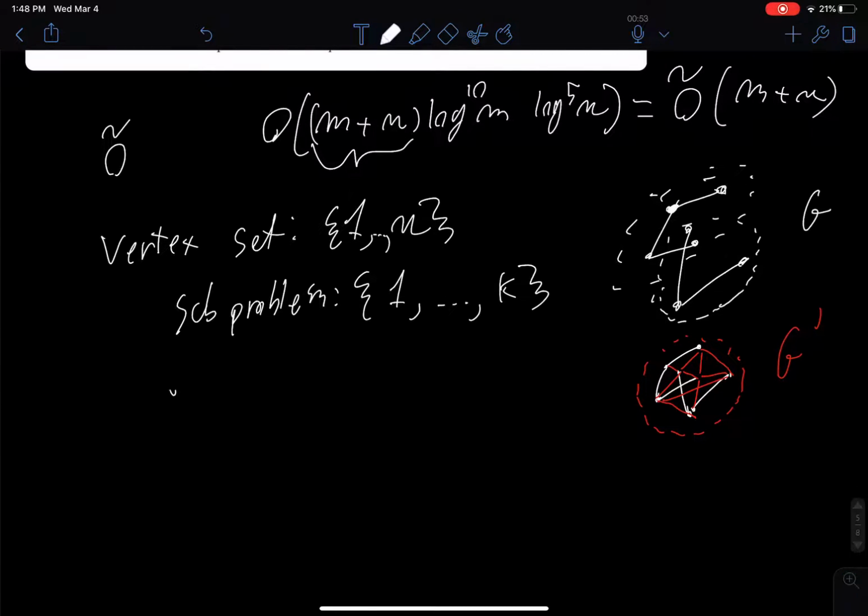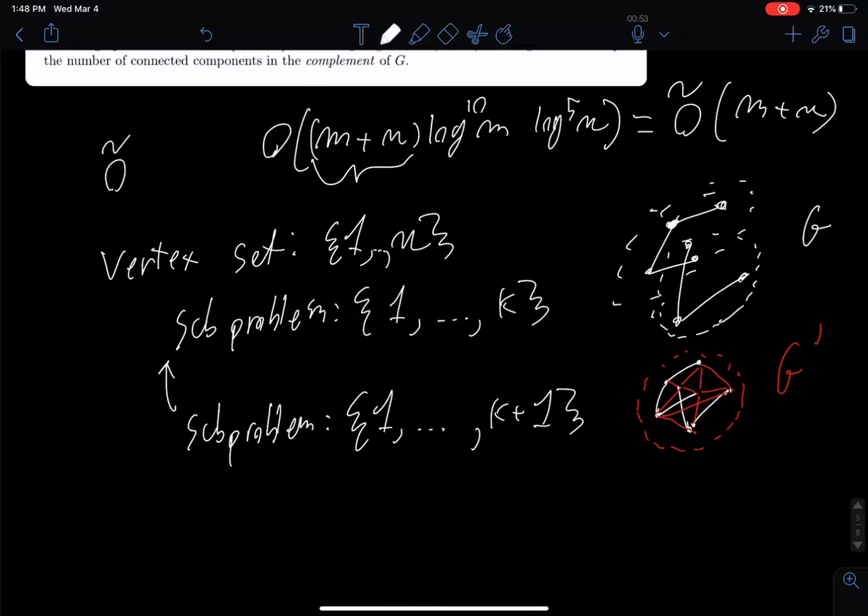We're going to try and compute a slightly larger subproblem in terms of a slightly smaller subproblem. So we can assume that we already know the connected components in the complement of G, considering only the first k vertices. And now we're going to try and figure out the number of connected components in the complement of G, considering the first k plus 1 vertices.